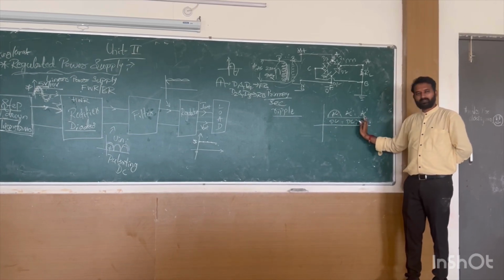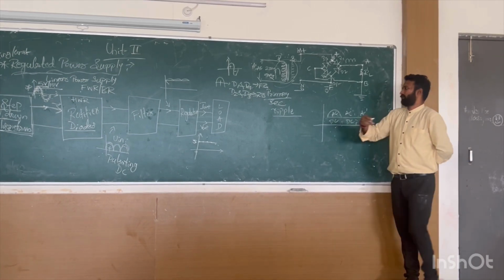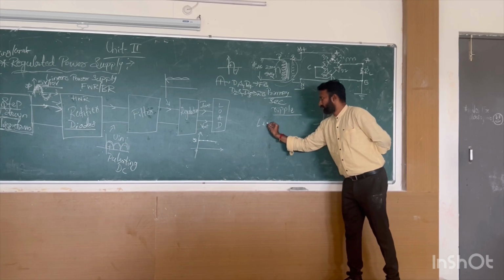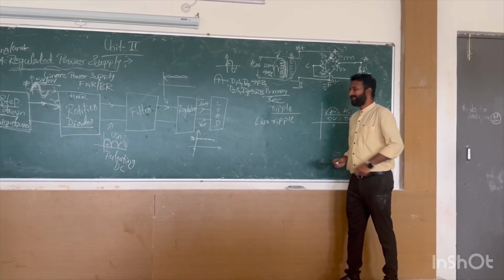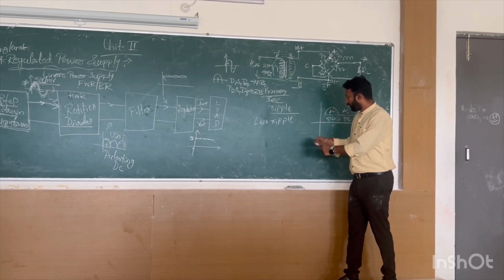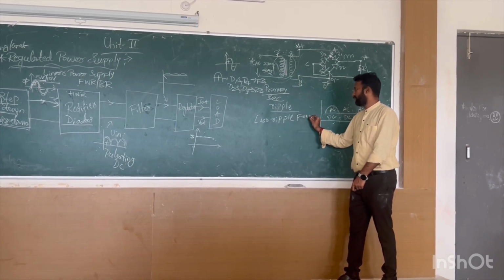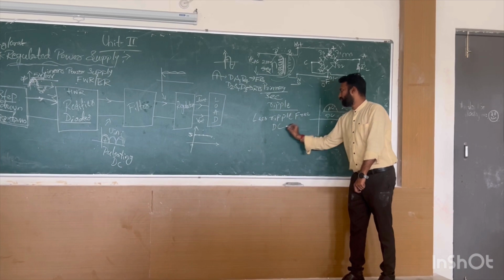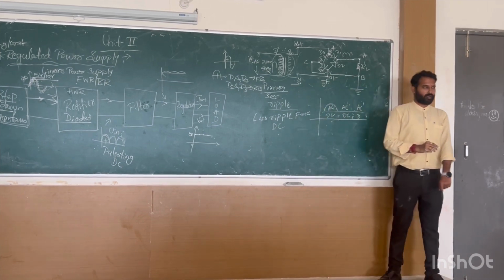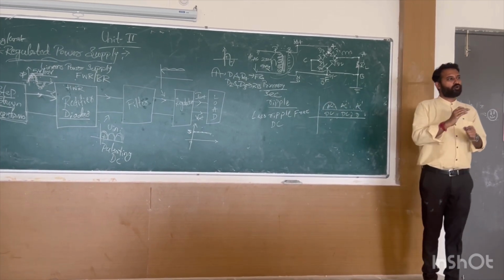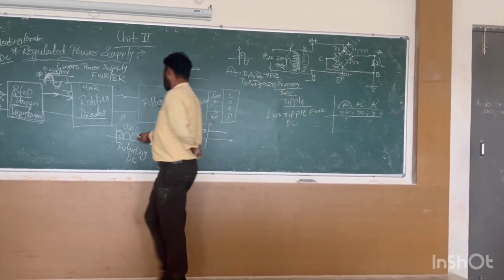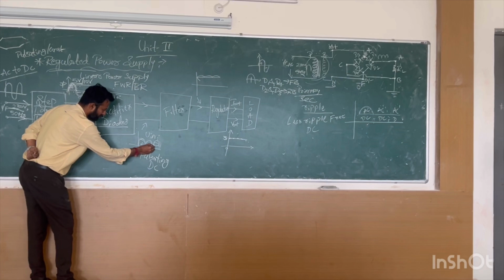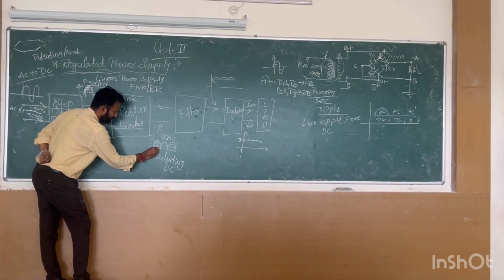But we don't want this. We need a less ripple or ripple free DC waveform. Understandable? The output available at the rectifier is a summation of both AC and DC.